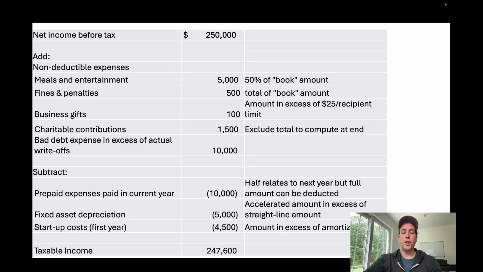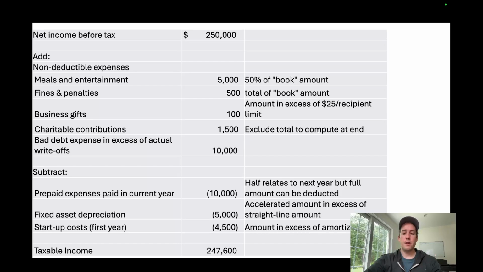So let's say the whole thing was $20,000. $10,000 is what you would record as expense for your internal accounting records in the current year, and then you would record the other $10,000 in the next year. But for tax purposes, you can take the whole thing in the current year.